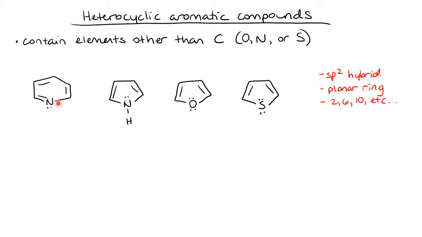So in our first example, we have a ring. It is a planar ring. We have 1, 2, 3, 4, 5 carbons. All 5 of these carbons are sp2 hybridized. Now this nitrogen is also sp2 hybridized. It is bound to 3 things. Now the lone pair for this nitrogen is located in an sp2 hybridized orbital.